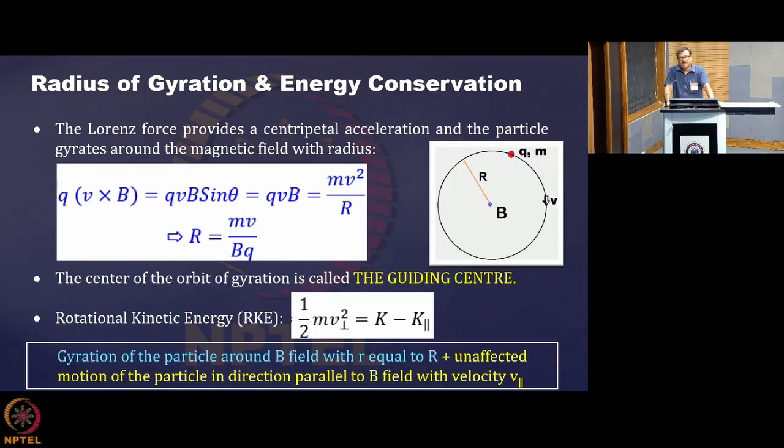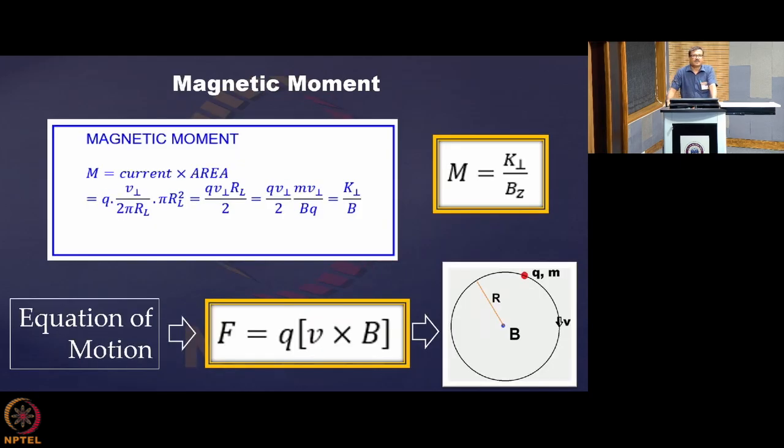So that is why there is unaffected motion in the direction parallel to the field, that is V parallel, and perpendicular motion, which is described by half m v perpendicular squared as the energy, the rotational kinetic energy.